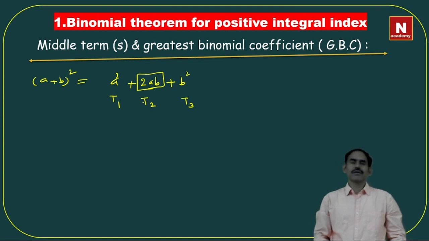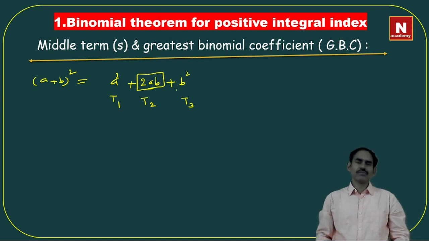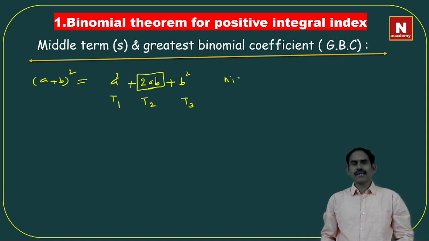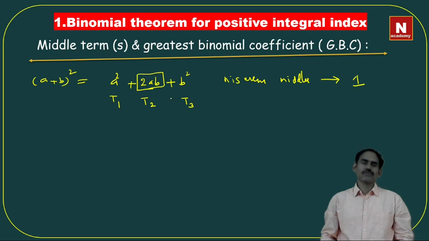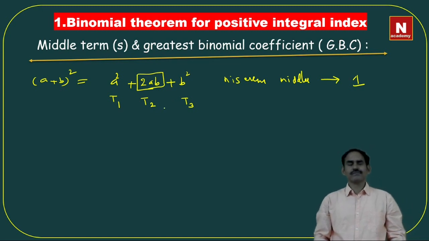Clearly, why? On the left hand side we have one term, on the right hand side one term. That's why T2 is exactly the middle term. Here n is even, so only one middle term exists.